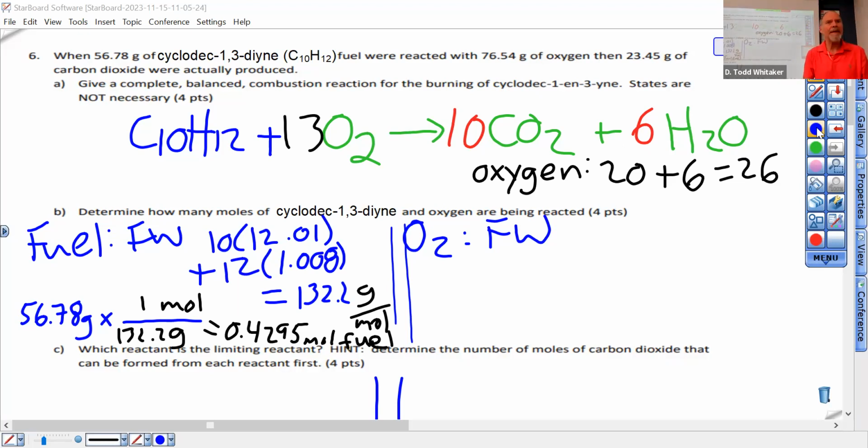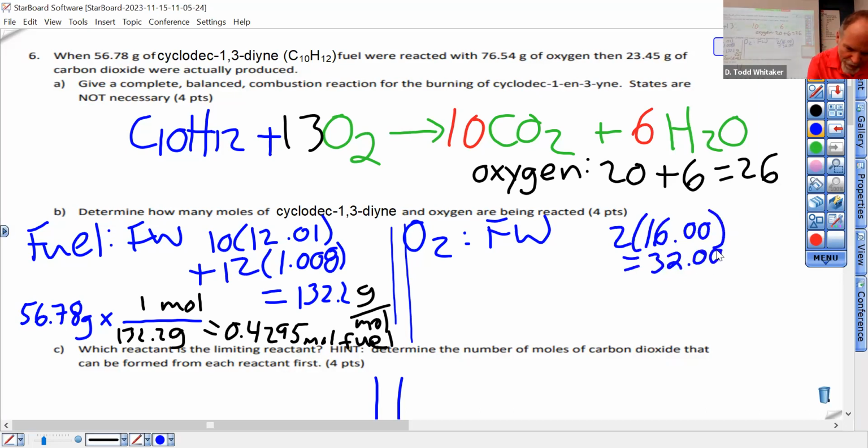It's not on the periodic table. And you're supposed to show your work for every math operation you do on this exam. I'm going to hit you for a quarter point if you just write down O2 formula weight 32 grams per mole. You didn't show your work. How did you figure out O2's formula weight is 32 grams per mole? 2 times 16. 2 oxygens, 16 grams per mole each.